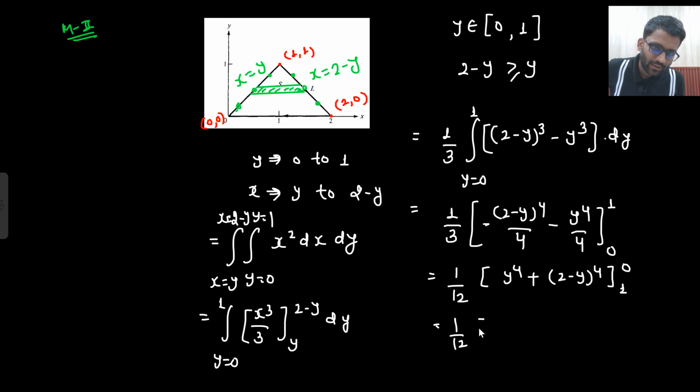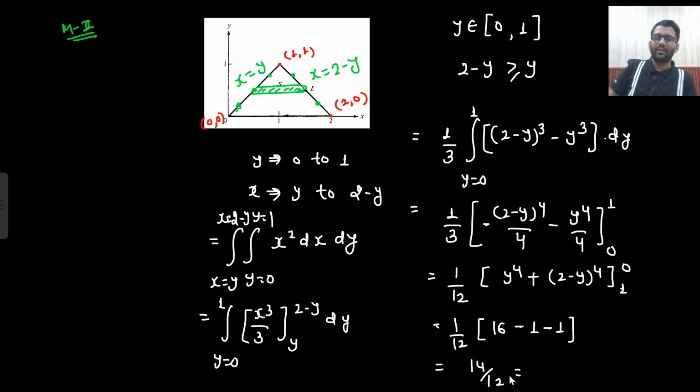If I put 0, this is 0, this is 2 to the power 4, which is 16, minus 1 minus 1. So what I am getting is 14 by 12. What is 14 by 12? That is 1.167. So this is the answer.